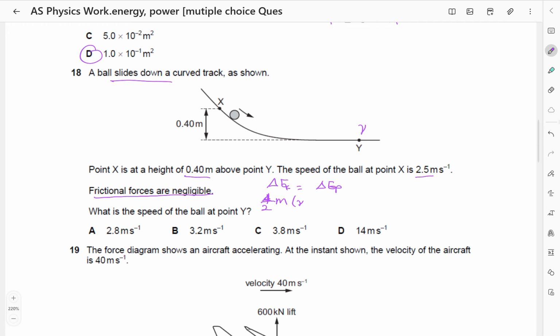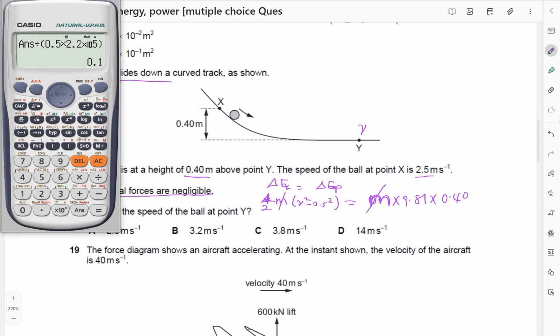So this will be v squared minus 2.5 squared should be equal to the change in potential energy, which is mgh, which will be m times g, which is 9.81, times h, which is 0.40. So m has cancelled. I want v.